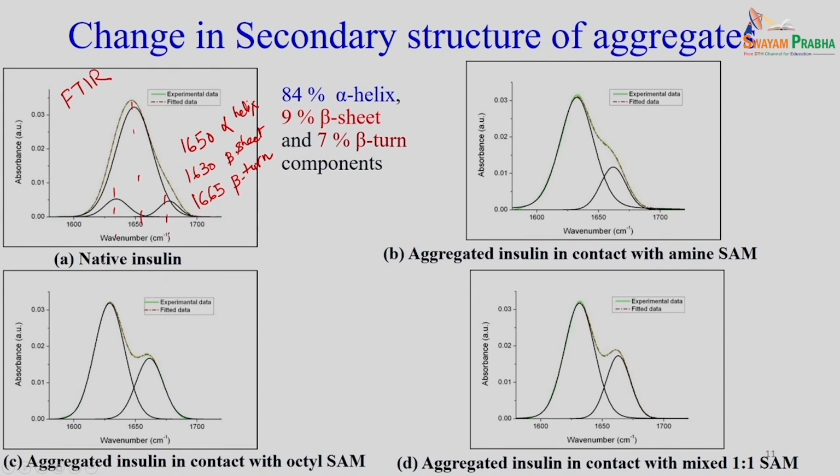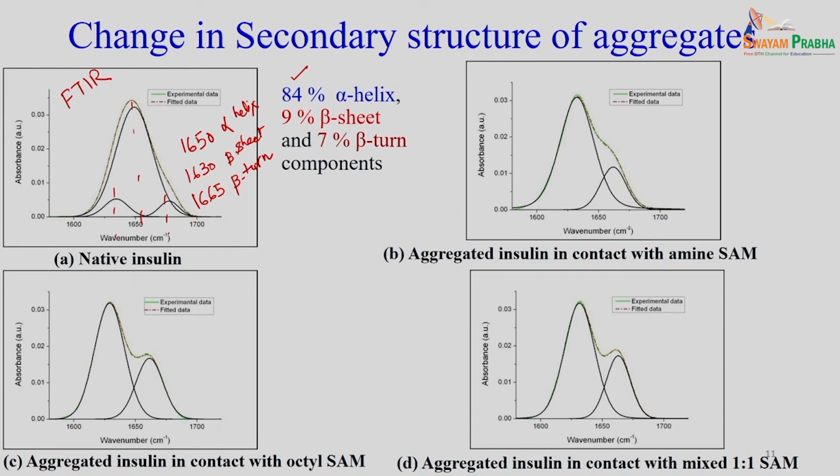Depending on the peak area, one can calculate the relative fraction, or the contribution, of the alpha helix, beta sheet and beta turn. Native insulin consisted of 84% alpha helix, 9% beta sheet and 7% beta turn.